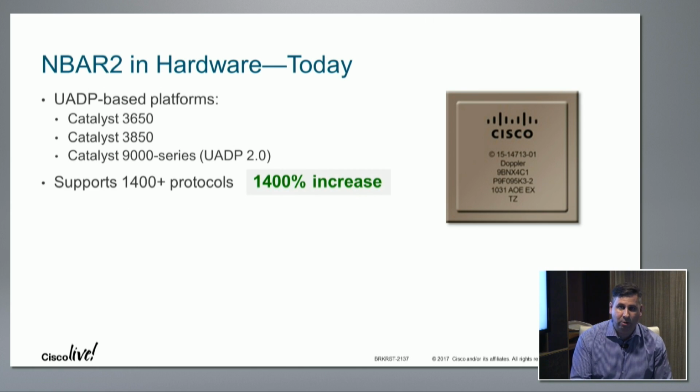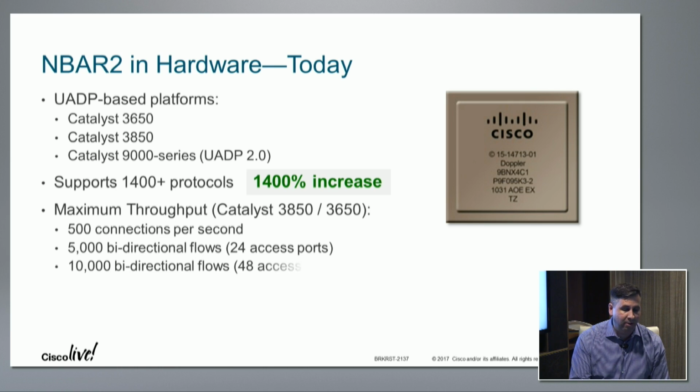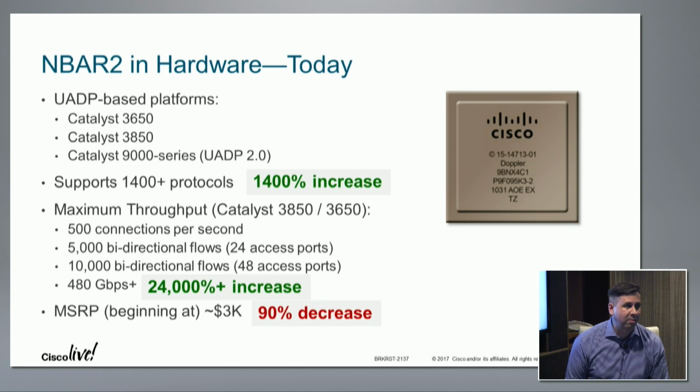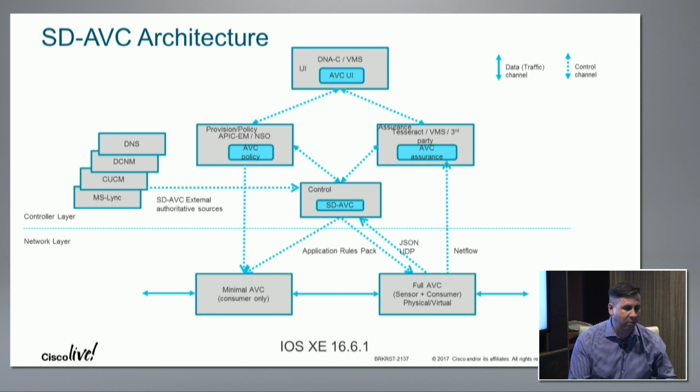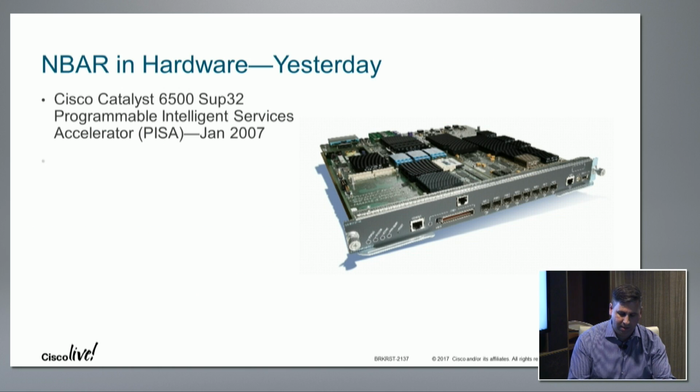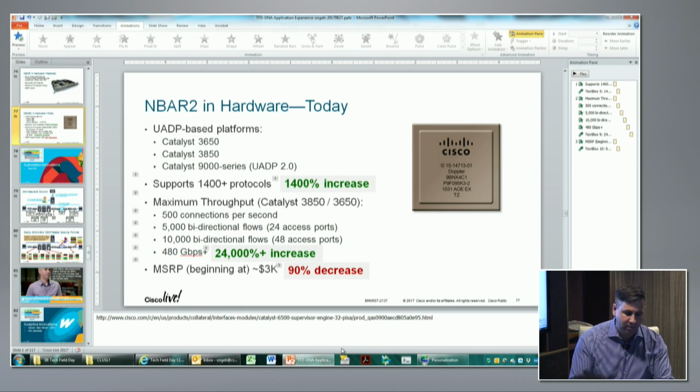Supports 1,400 protocols, and we add to this every month. We can do 500 connections per second, 5,000 flows on 24 access ports, 480 gig overall throughput, and these switches begin at 3K. So it just shows the value that the hardware is bringing to the architecture.